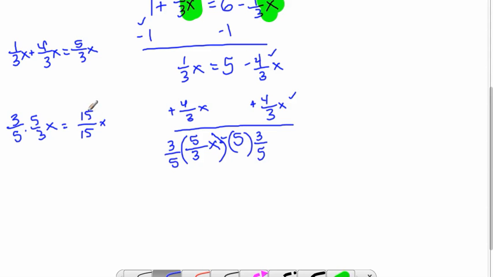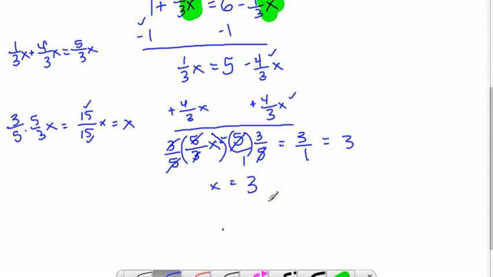Still got the x. 15/15 cancels. What am I left with? X. Another way that you can cancel is this. Cancel the 5's, cancel the 3's. So let's do it over here. 5 and 5 cancel. What am I left with? 3/1, which is just 3. X equals 3.